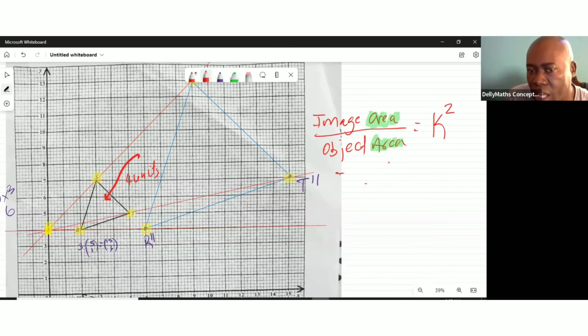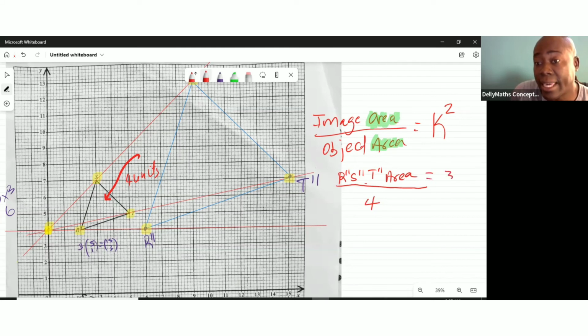So the image area is what we want. Let me write what the image is. The image is R double prime, S double prime, T double prime. So we want the area of this over the object area, which was 4 units. We got that. And it's equal to the scale factor squared, and the scale factor is 3.